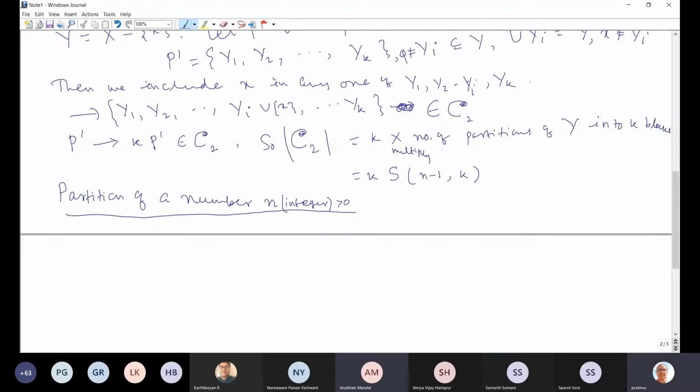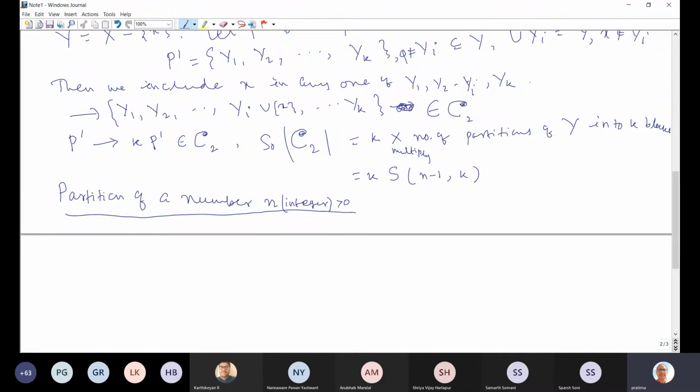Yeah, this is for positive integers. I am considering positive integers. Similarly, I think this can extend to negative integers also, why not? Negative integers would mean a mix of negative and positive parts in that case. Here I am considering the partition of a positive integer.